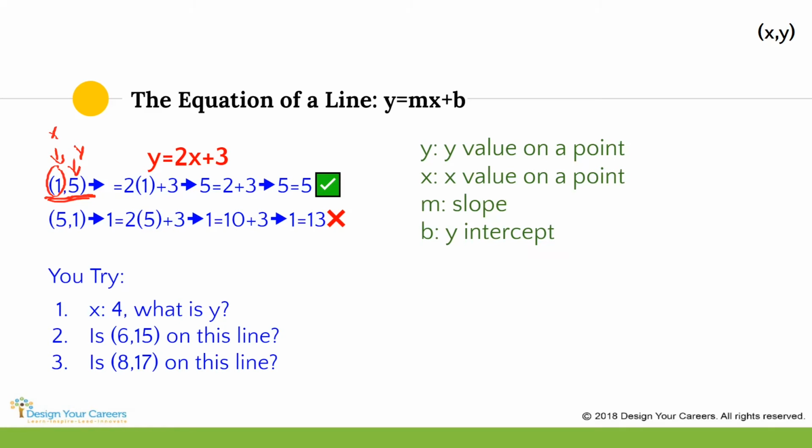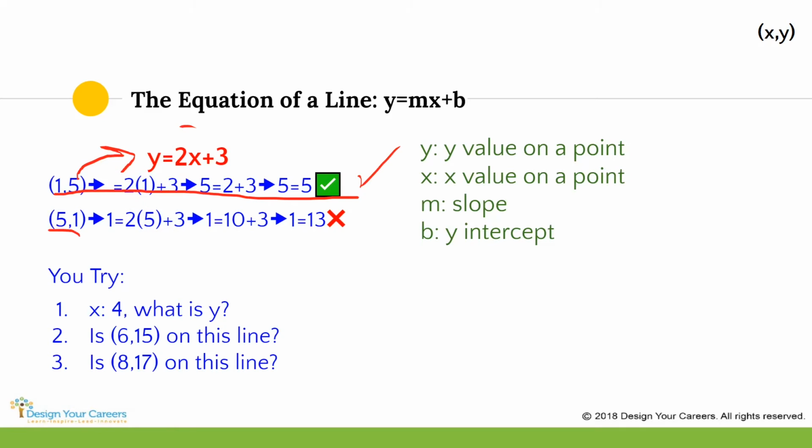You can say 5 = 2 times 1 + 3. 5 = 2 + 3. Moving on, 5 = 5. Now, we know that 5 is equal to 5, so that is true. These coordinate points are a solution of this equation.